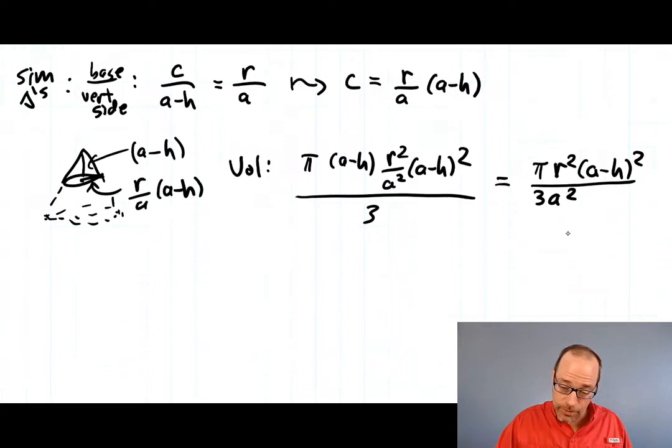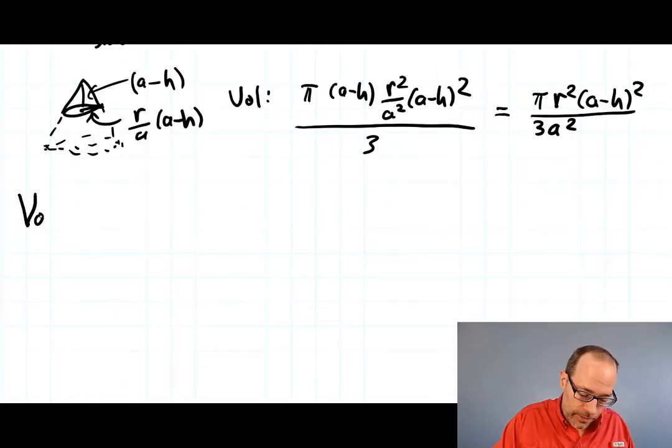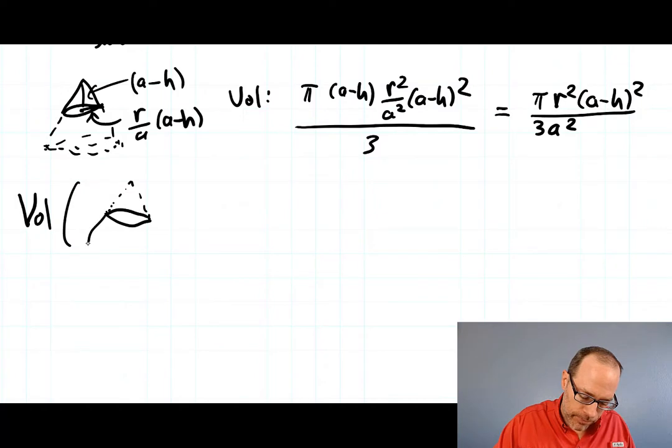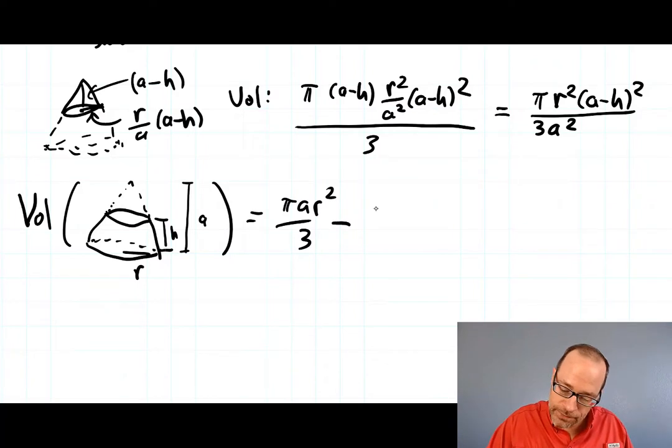Okay, so now we know the volume of that top piece. So the volume of this part, where the total height was a, we cut it off at height h, and the bottom was radius r, was the volume of the whole thing, which was pi a r squared over 3, and then minus the volume of the top piece, which we just calculated, is pi r squared.